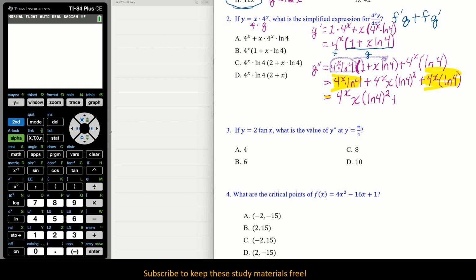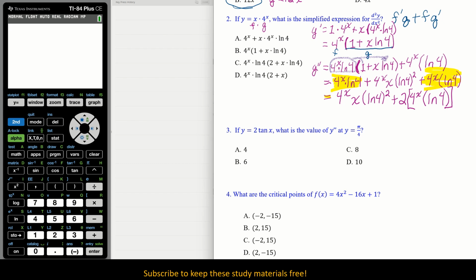Now I'm going to add 2 times 4 to the x ln 4. There's 2 of them. I can put them in brackets so you see that there's 2 of them.